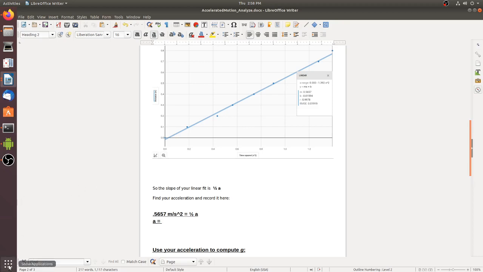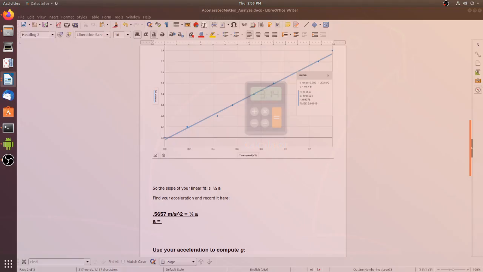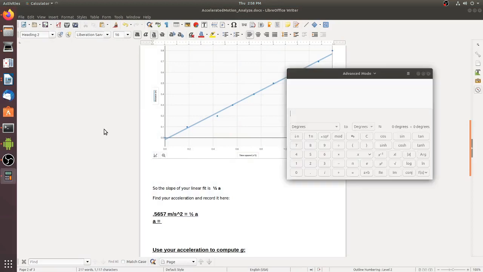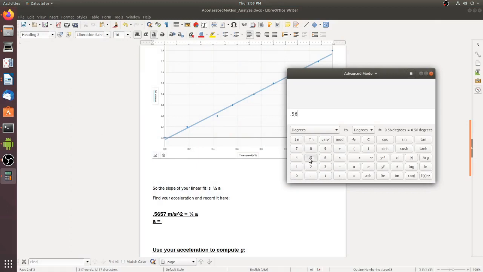Let me just grab my calculator here. Here's a calculator. 0.5657 times 2.